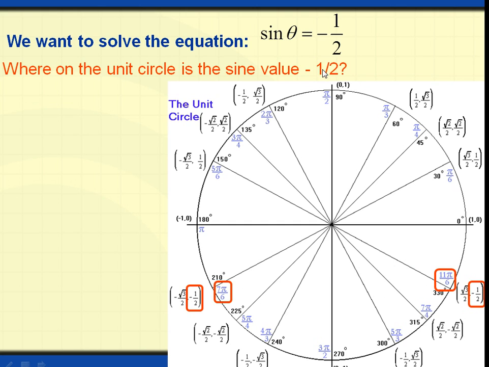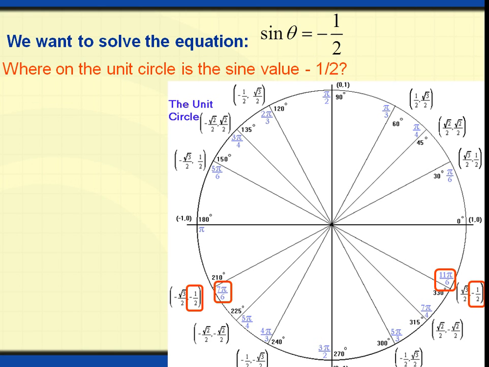So how would you go about solving this type of equation? Well, you ask yourself, when is the value of sine a half? Then we would say our reference angle would need to be either 30 degrees or pi over 6. Then what? Well, when is your sine negative? Quadrants 3 and 4, because the y value is negative in quadrants 3 and 4.